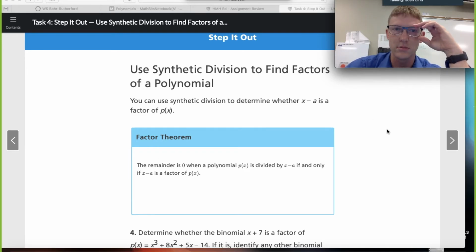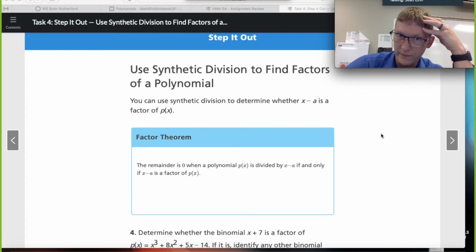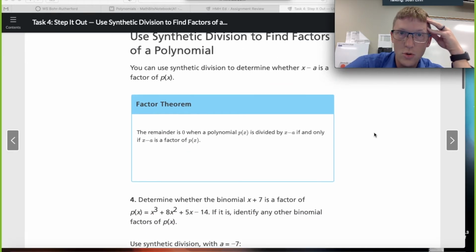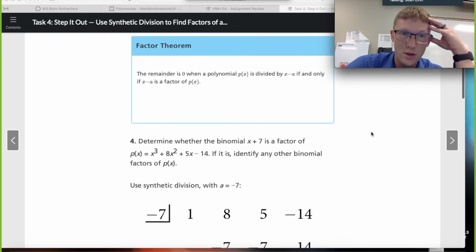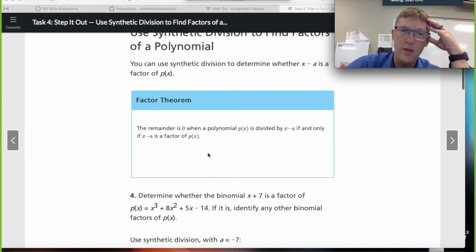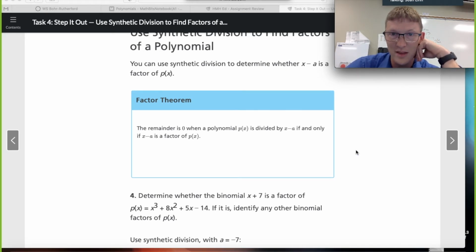And that should hopefully make sense. So, there's that. Let's try it out. It says, determine whether the binomial x plus 7 is a factor of p of x, and they give us an equation. If it is, identify any other binomial factors of p of x.